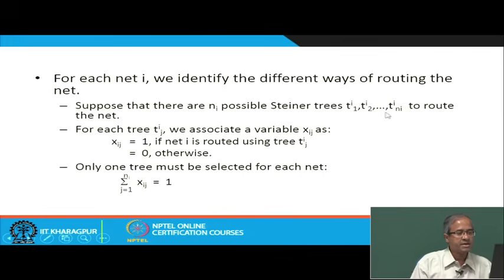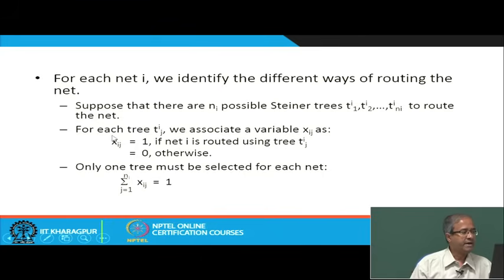So, out of the possible n_i trees, only one of them will have the value 1, and all others will be 0. This means that I am using the jth Steiner tree for connecting net i.